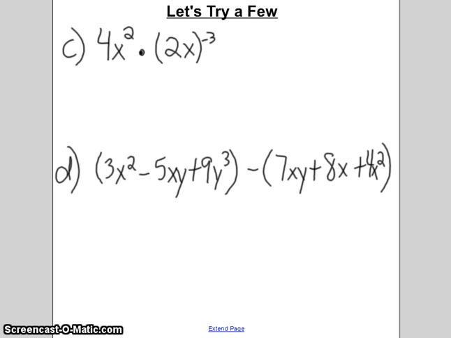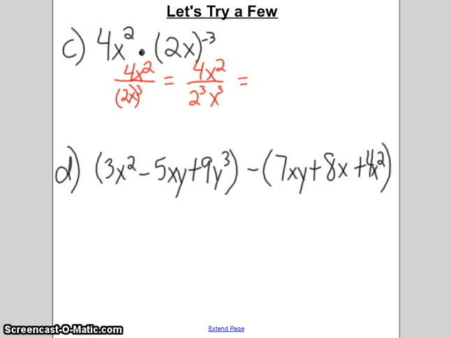Now two other examples here. If I've got 4x squared times 2x raised to the negative 3rd, that negative 3rd tells me that what I'm really looking at is 4x squared over this quantity 2x cubed. Now I have to remember that when I do the cubed, that's really the same as saying 4x squared over 2 cubed x cubed.